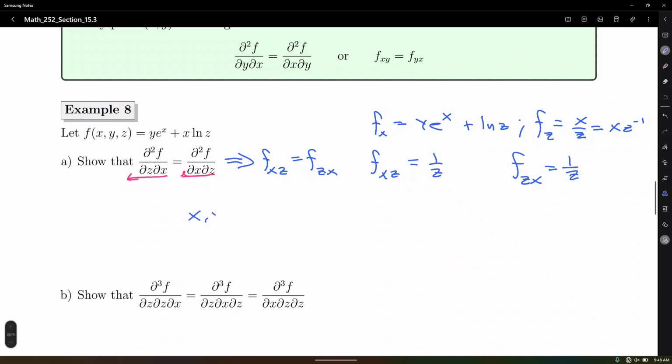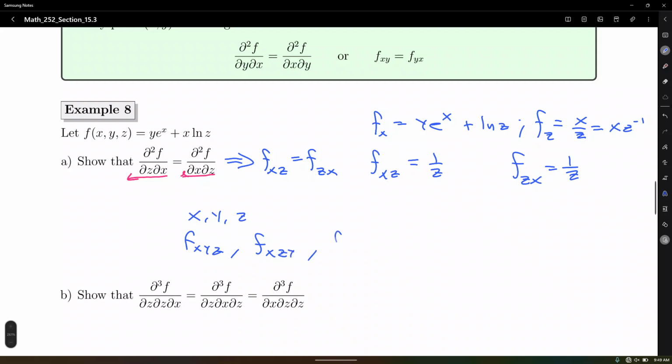If we have x, y, z, well, we can do f x y z, f x z y.